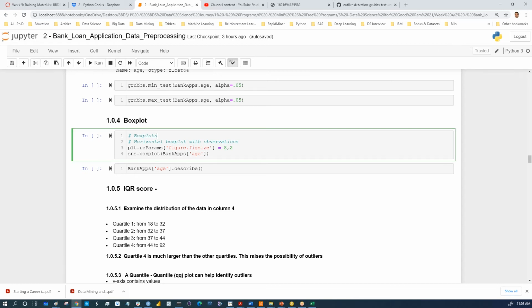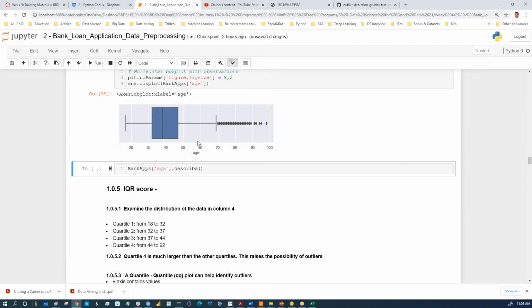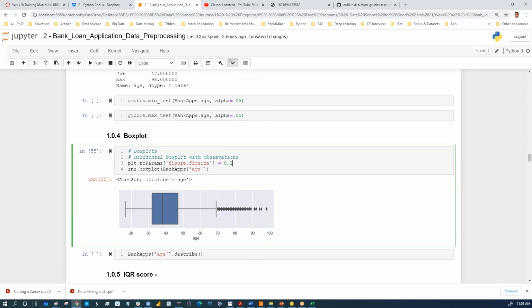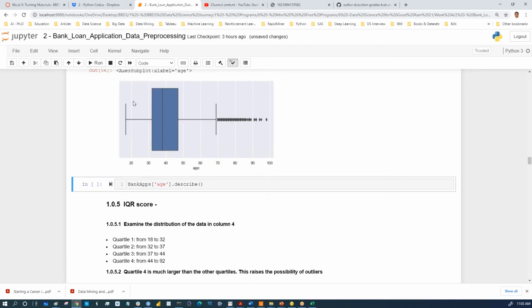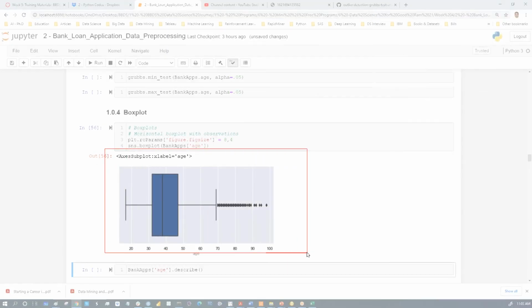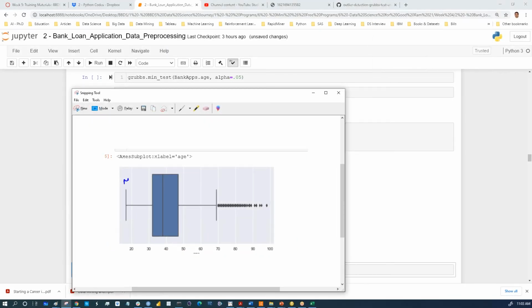We are going to create a box plot of the age, and I believe we already learned box plot in data visualization. Anything that lives outside the whiskers, this is the minimum whisker and maximum whisker, and we get here your 25%, your 50%, your 75%.